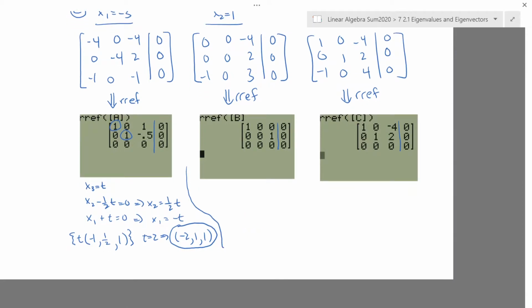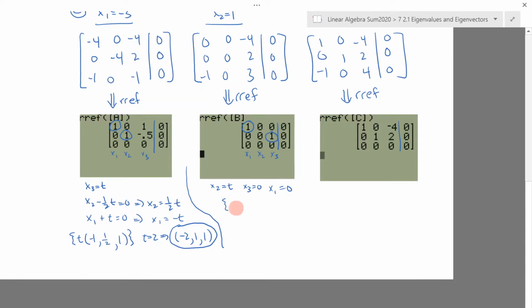Okay, so let's continue. Leading one here, leading one here. So x2 is the free variable. x2 is t. And then this is pretty straightforward. This says x3 is 0. x1 is equal to 0. So what is this?